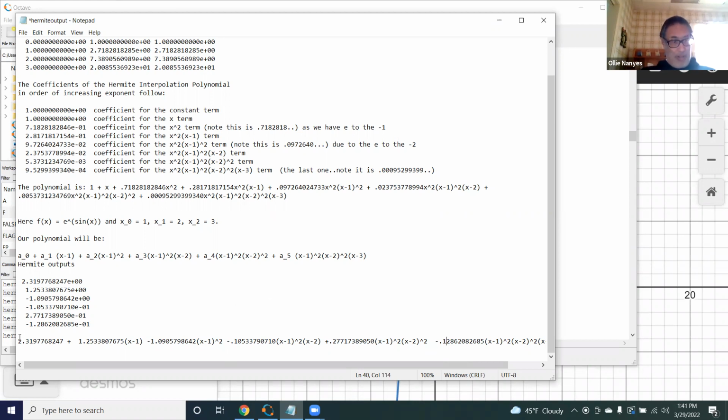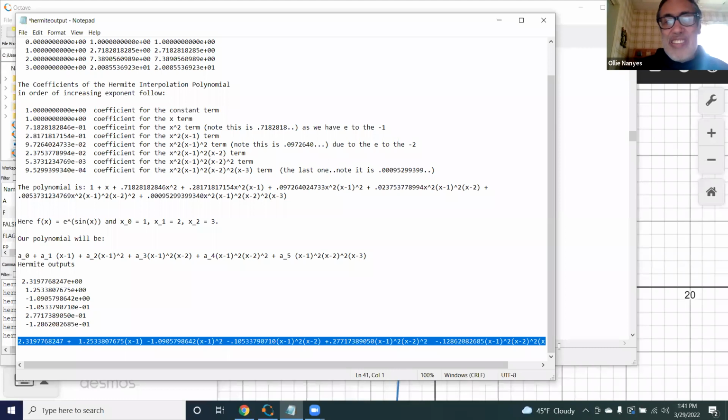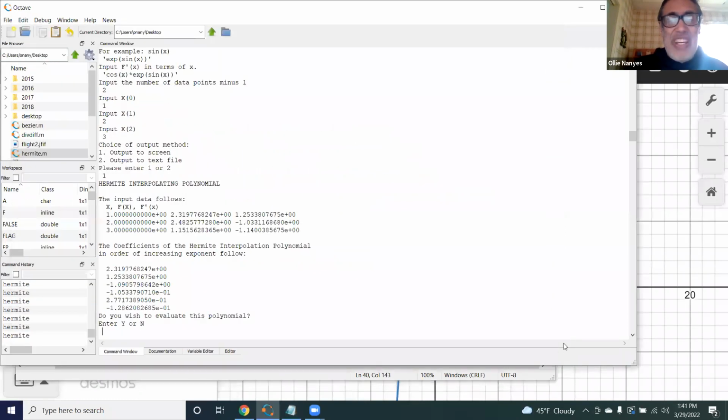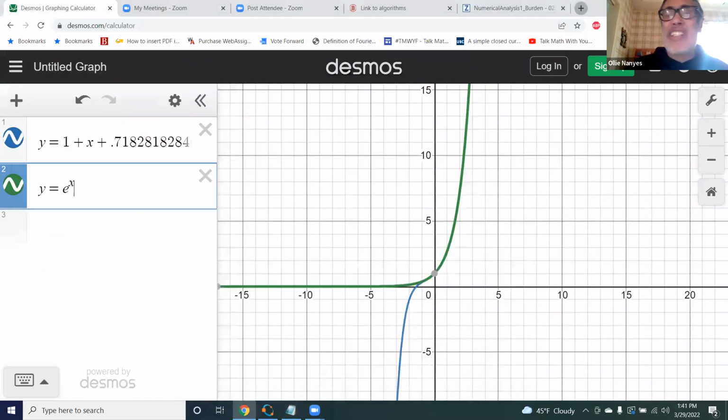Now to graph this polynomial, I'm going to use Desmos because it's probably a little easier. Let's copy this.